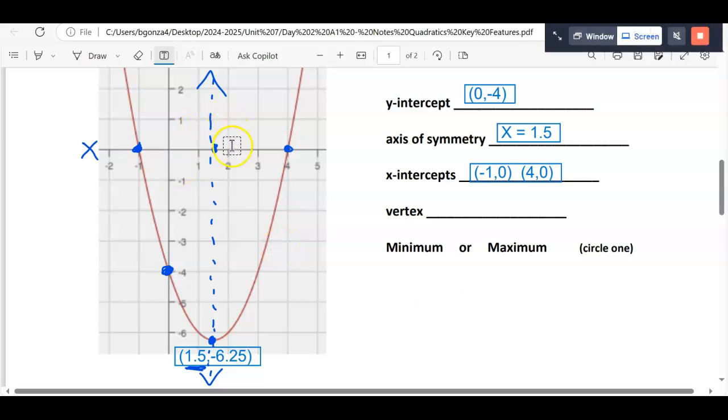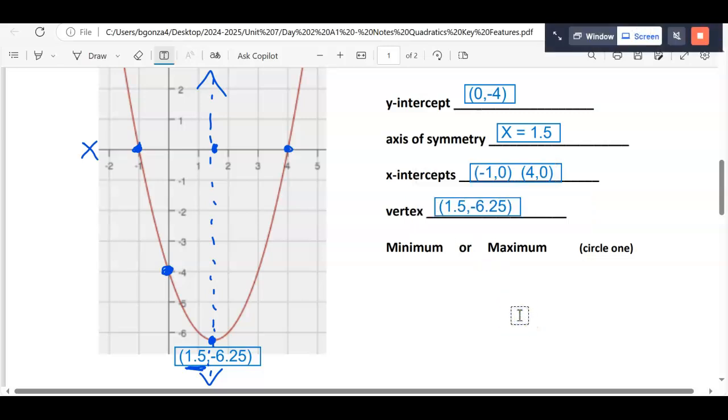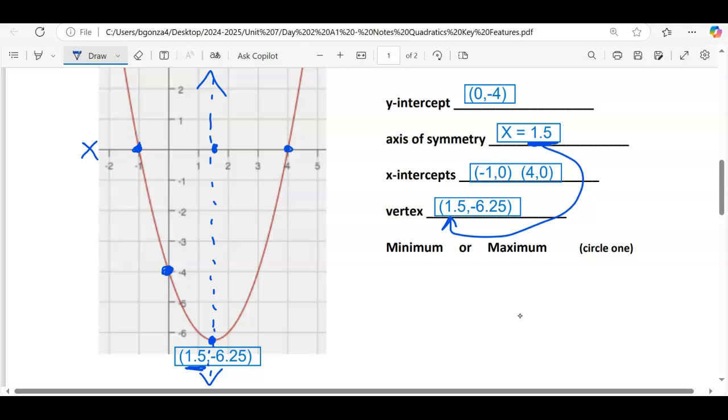Vertex, what's at the change of direction down here at the bottom? (1.5, -6.25). Cool. And I want to make this connection for you. The axis of symmetry is always x equals, and this number is the x value of the vertex.